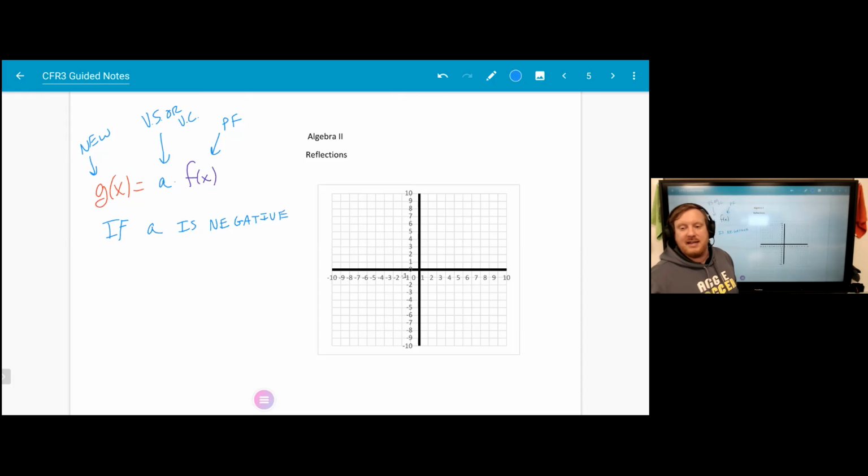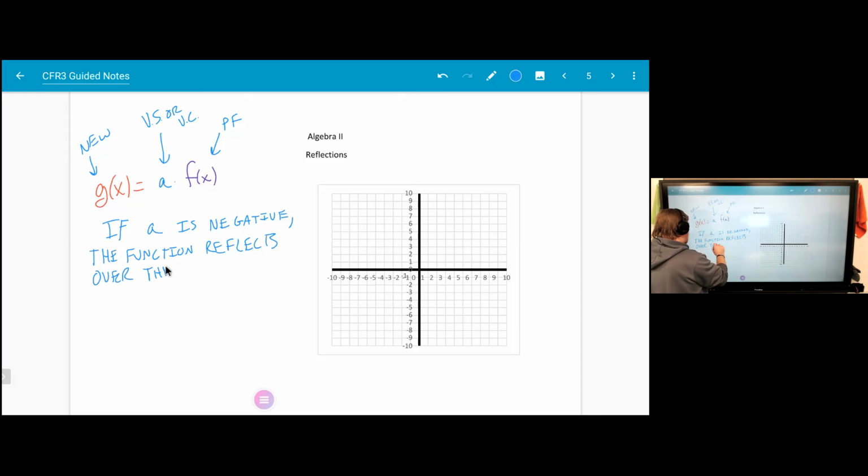What axis do you think that's going to reflect over? I know you've done the pre-work, so you saw that it's going to reflect over the x-axis. If a is negative, the function reflects over the x-axis.